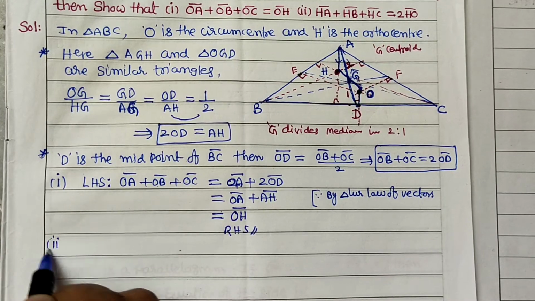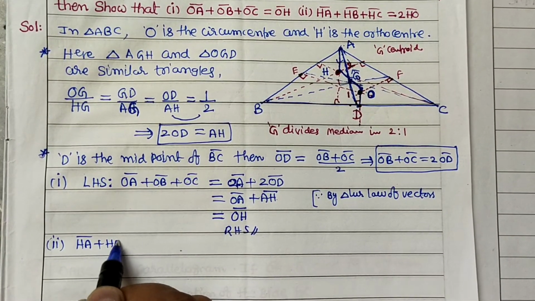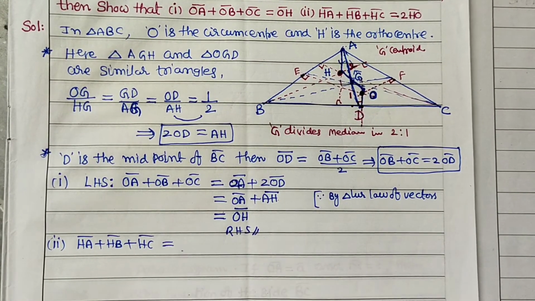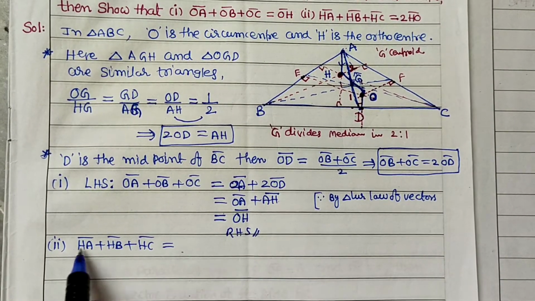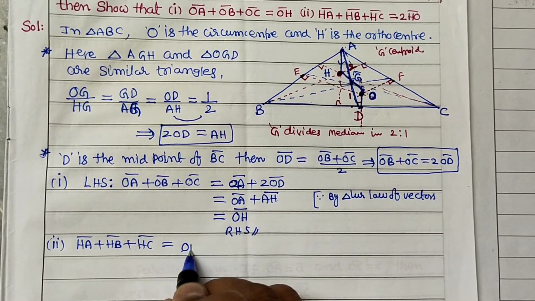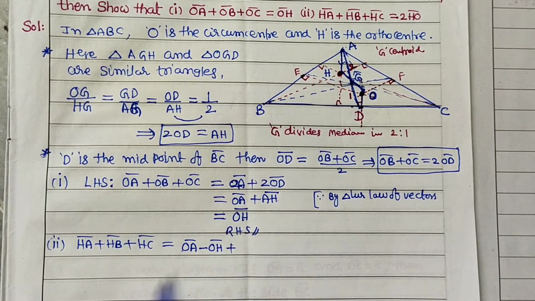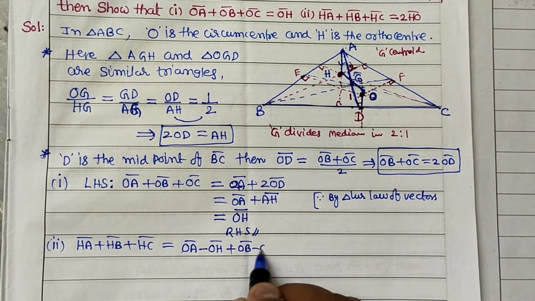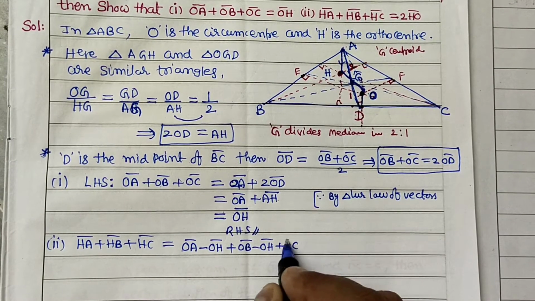In the second one, HA bar plus HB bar plus HC bar is equal to AB bar, we can write it as OB minus OA. Similarly, HA bar also can be written as OA minus OH, HB bar also OB minus OH, and HC bar can be written as OC minus OH.